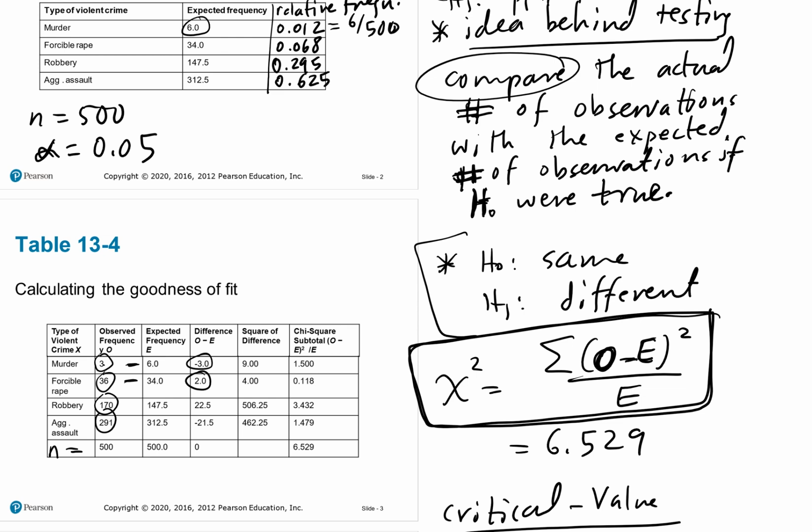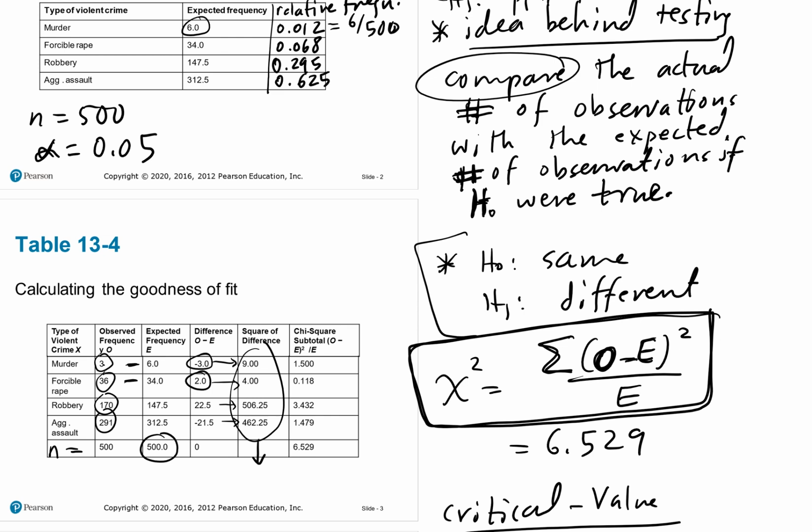Then what do we do? We square each one of them. So the negative 3 is squared to be 9, 2 is going to be 4, and you square each of the others as well. Then sum them up and divide by the expected. The expected here is 500.